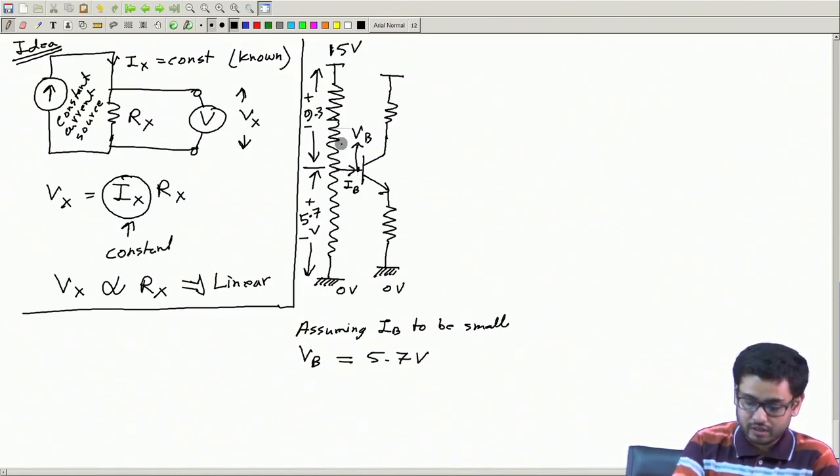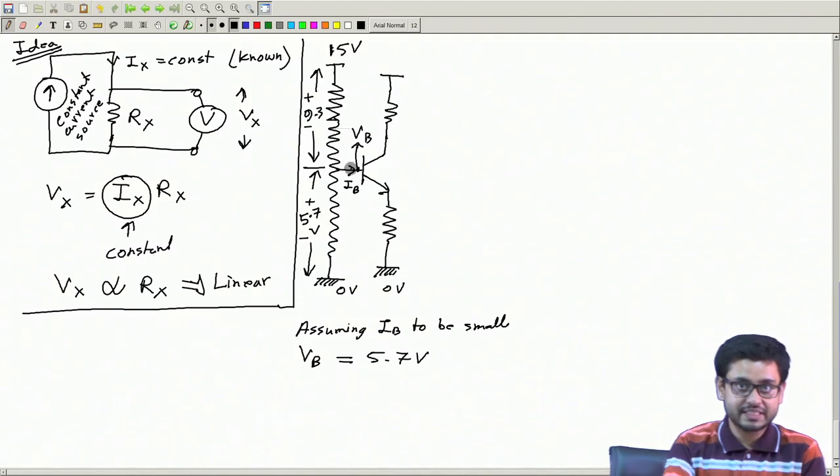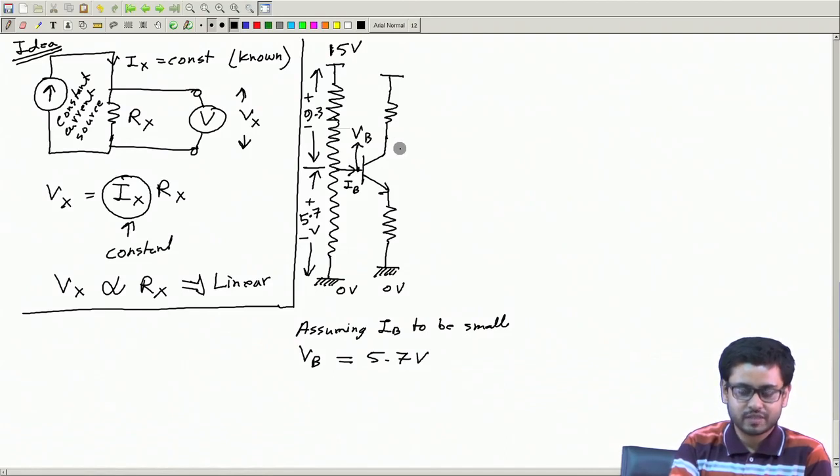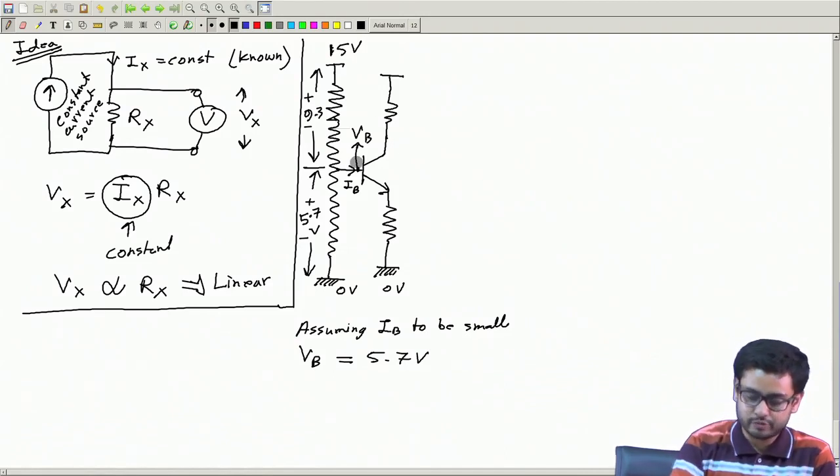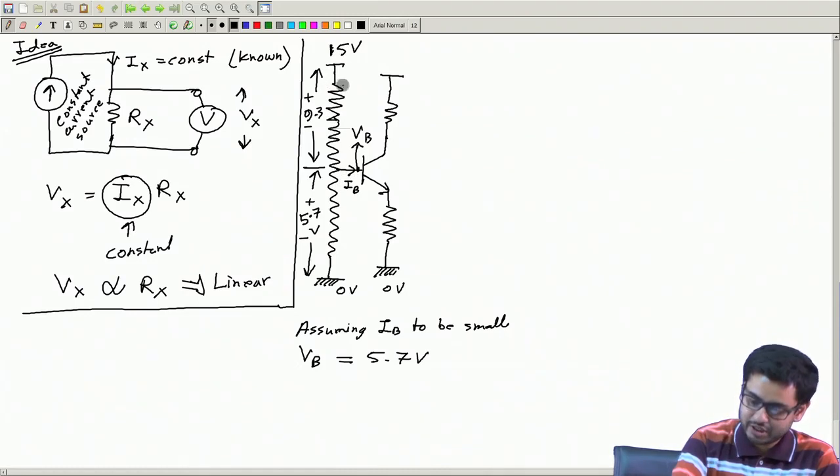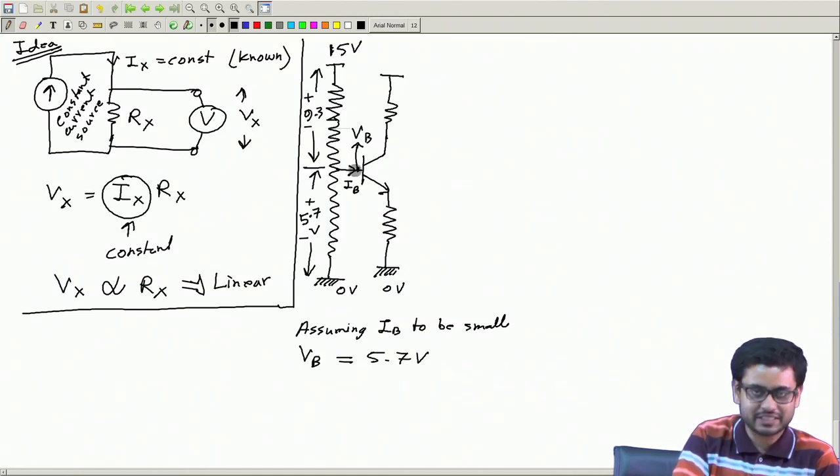Even if IB is changing slightly, this current is small. So, whether it changes or not does not matter much. I will have this voltage here unchanged, because the current bypassed is small.